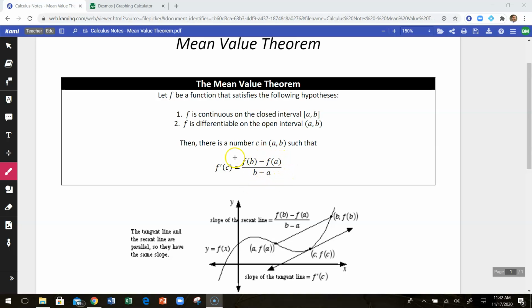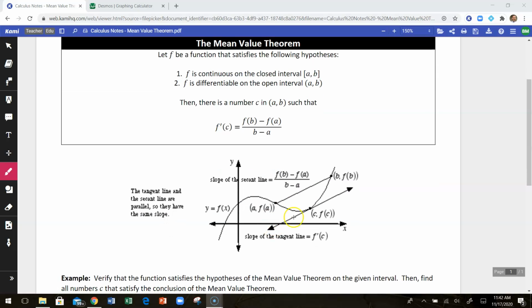So what does that mean? That means that the slope of the tangent line at c is going to be the same as the slope of the secant line between a and b. If you look at this picture, hopefully this will make a little bit of sense. Those are my endpoints a and b.